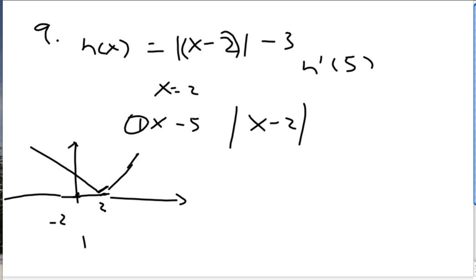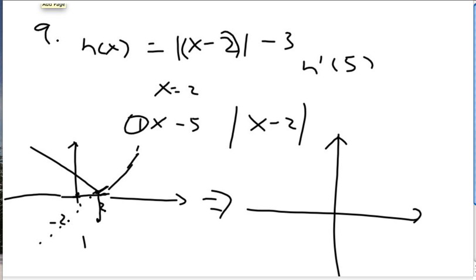Here we go. That's the original one. Okay, and then minus 3. Minus 3 means we shift the graph 3 units down. So what we will get is this. 1, 2, 3.